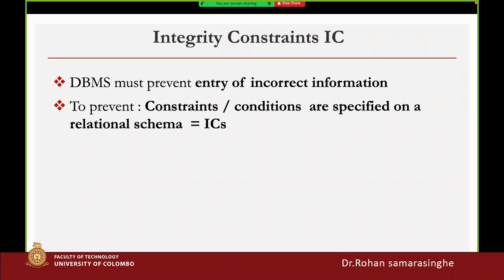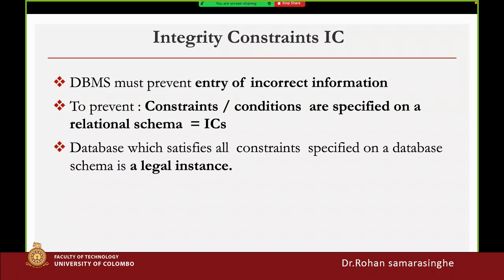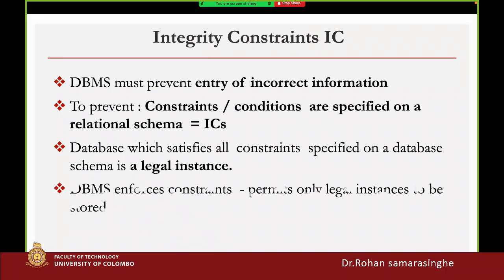A database which satisfies all the constraints specified on the database schema is a legal instance, so when you enter data into the tables, all those values must be legal data. That's why we use integrity constraints. The database management system enforces constraints and permits only legal instances to be stored.